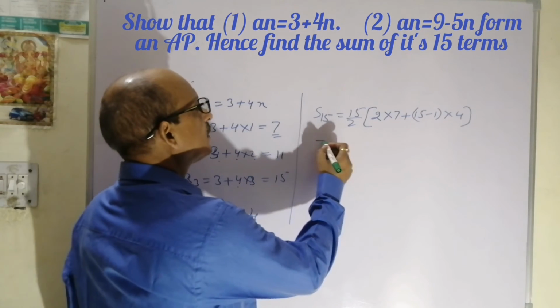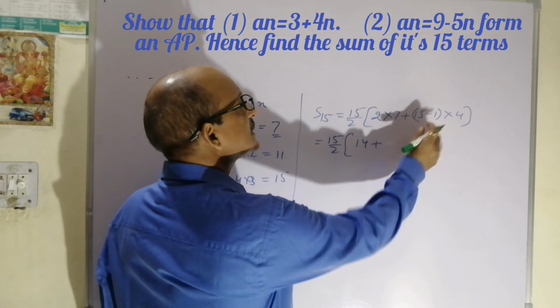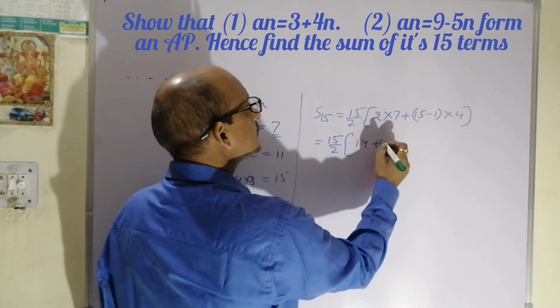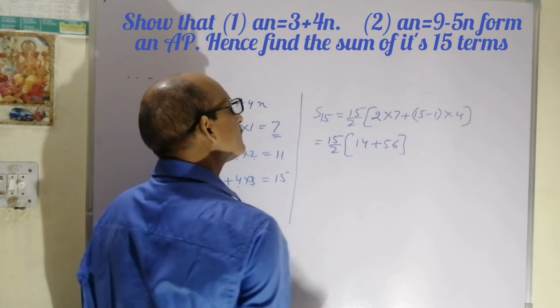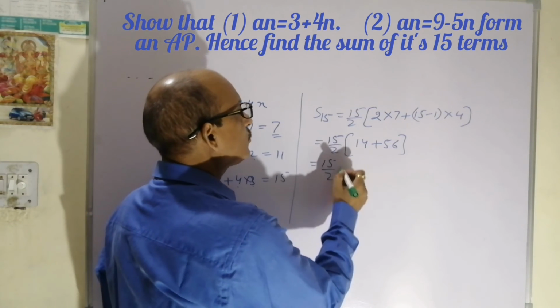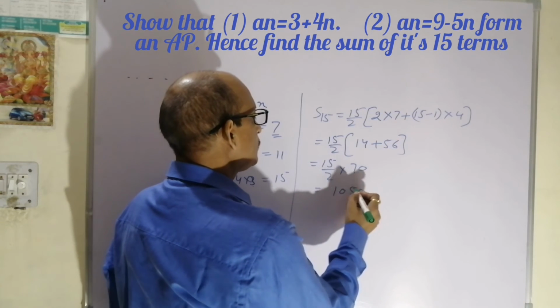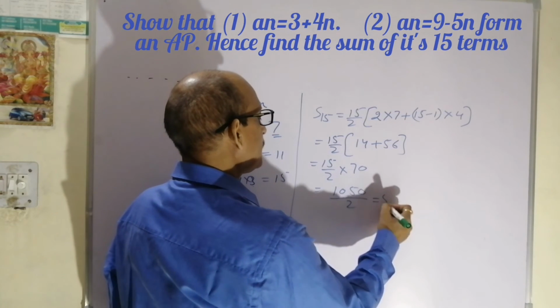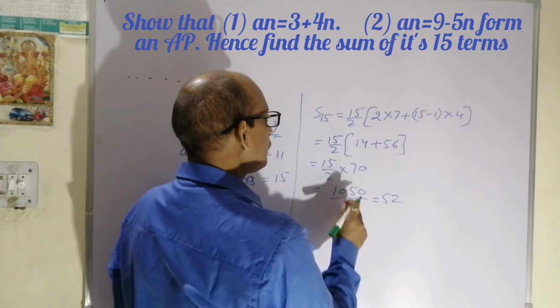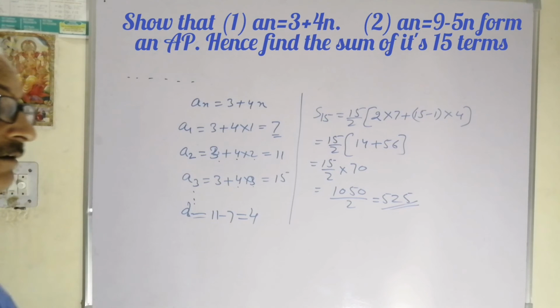So we'll solve it. We'll have 15 upon 2 into 14 plus 14 into 4, that is 56. Now we'll have 15 upon 2 into 70. So 1050 upon 2. 525 will be the sum of 15 terms of this AP.